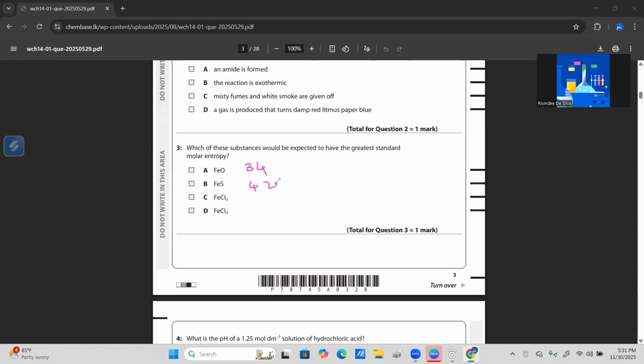Then 26 and 17 into 2, it's 60. 26 and 3 17s, 77. So the one with more number of electrons will have the greatest standard molar entropy. The answer is D.